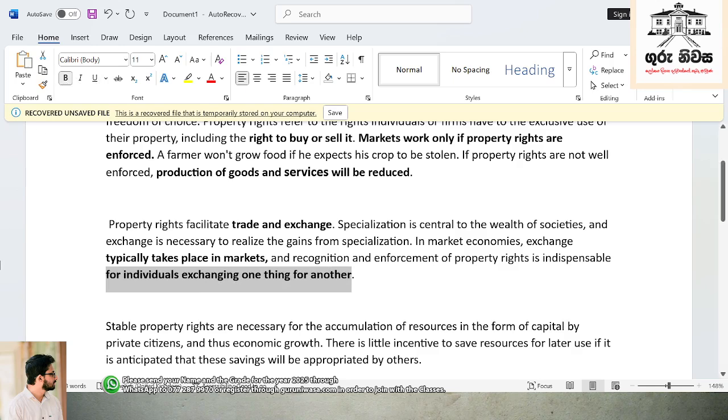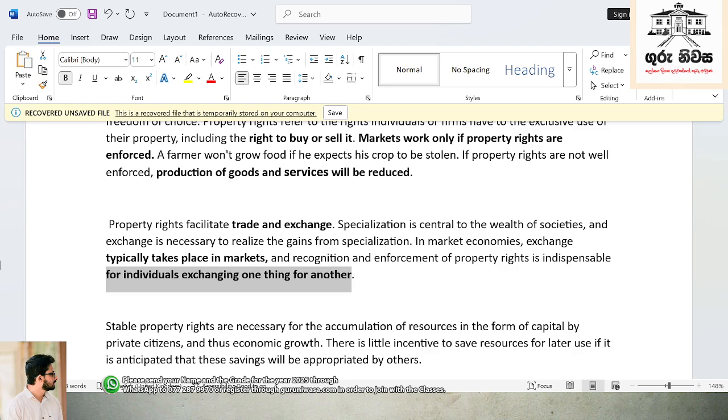For example, if you buy a marker pen or laptop from me, after paying money, after settling the payment, then you receive property rights. Now this laptop belongs to me. After the transaction, I'm the owner.